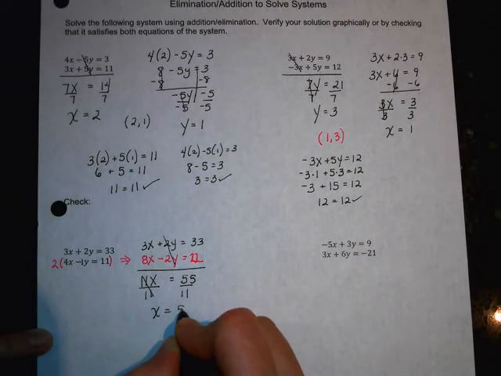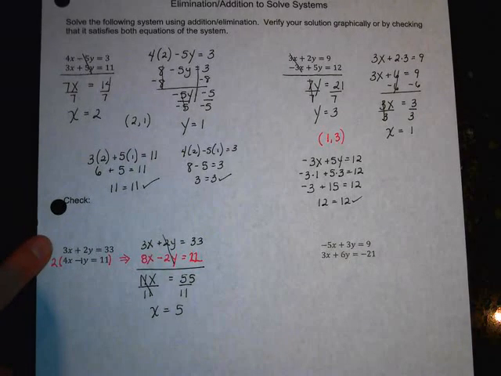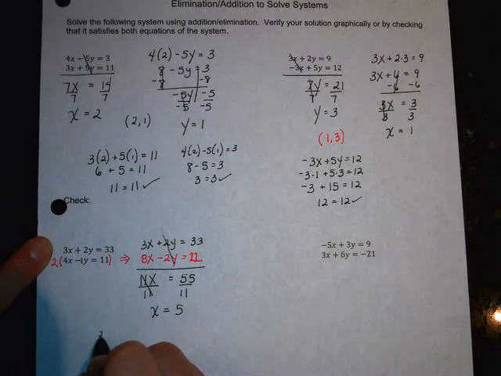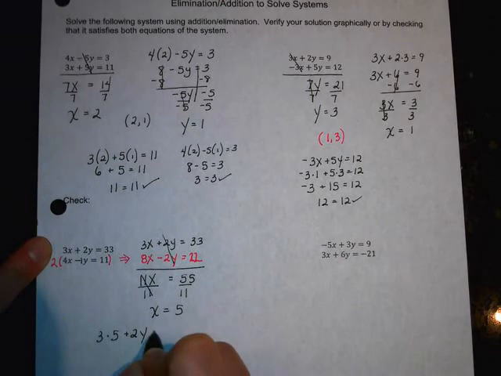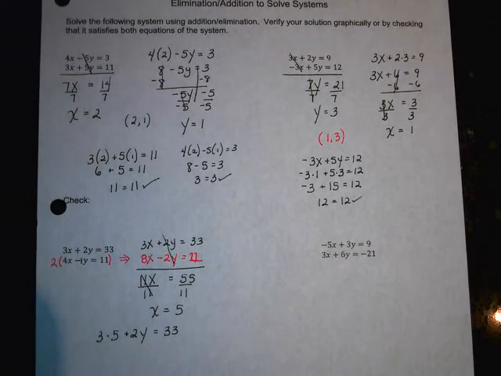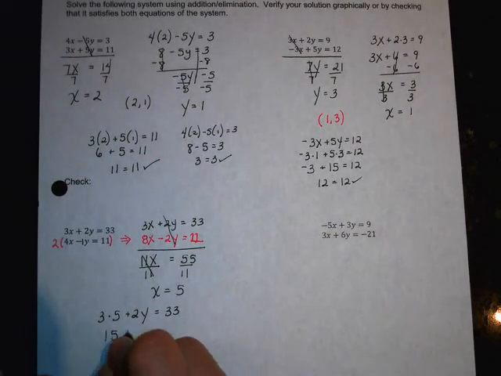So now I'm going to use the first equation to solve. 3 times 5 plus 2y equals 33. And then I'll use the second equation to check it. So 15 plus 2y equals 33.